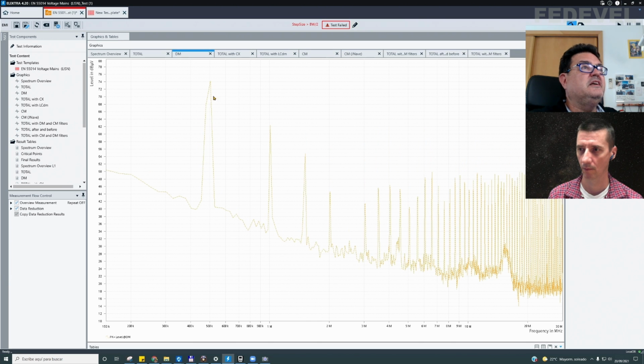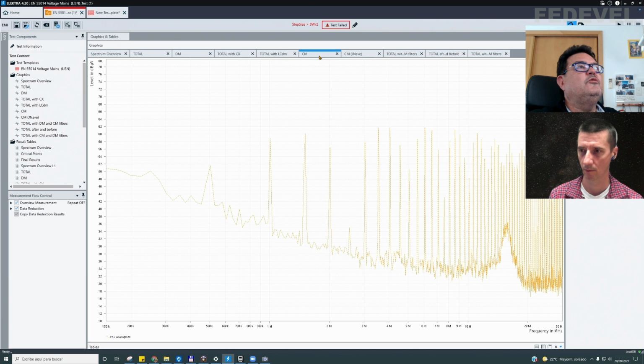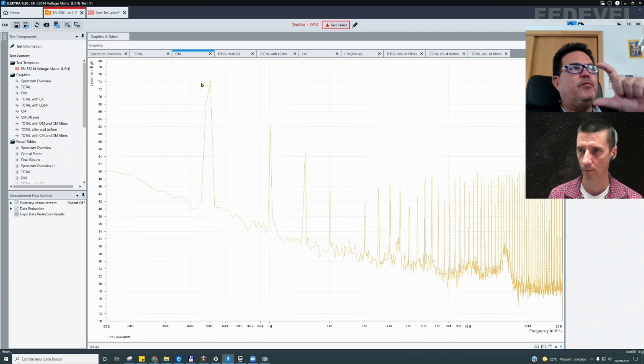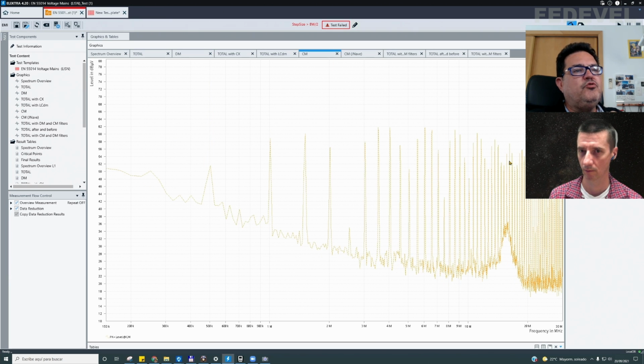So this peak, this frequency, is basically differential mode. So you need to filter this frequency with some kind of parallel capacitor between the lines or a series inductor. But if you want to fix this area here, probably we need to introduce both filterings, differential and common mode, because there is nothing especially dominant in one of the modes, no?